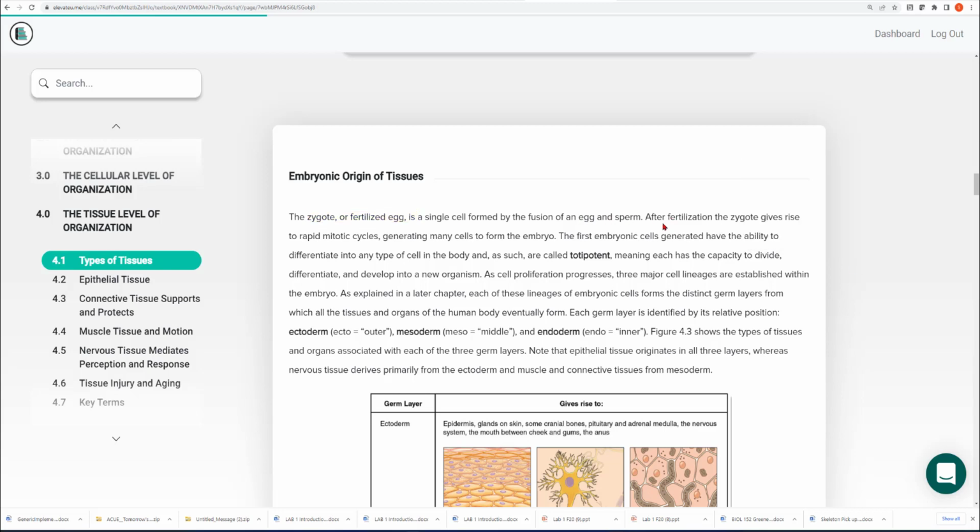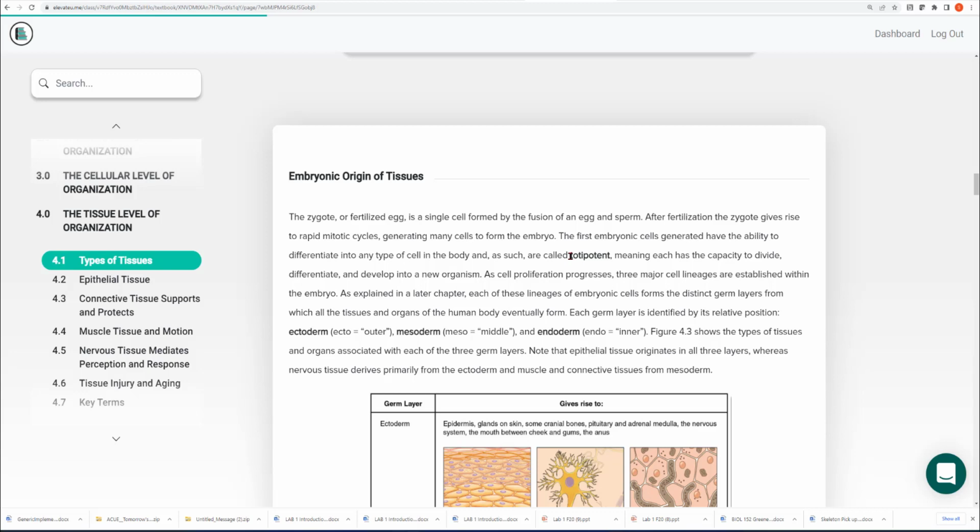That zygote is going to undergo rapid mitotic cycles. It's going to form 2 cells, 4 cells, 8 cells, 16 cells. And those cells, recall from our previous presentation, are called totipotent because those cells can become anything. Those totipotent cells will reach the uterus, and then the embryo will implant into the uterus.